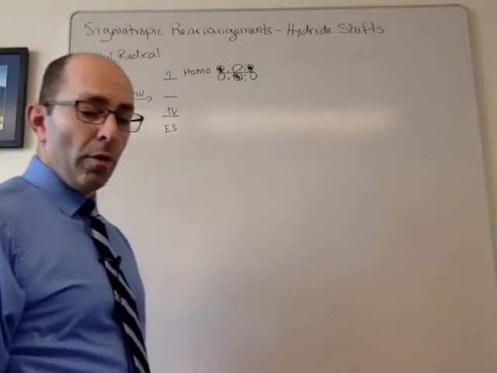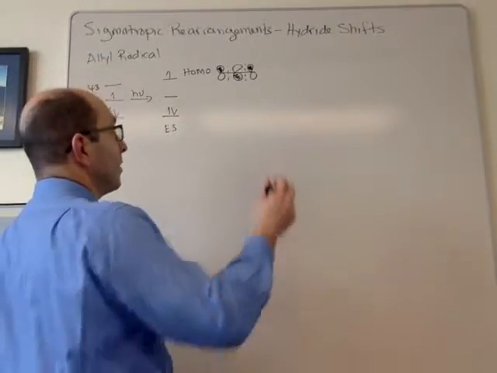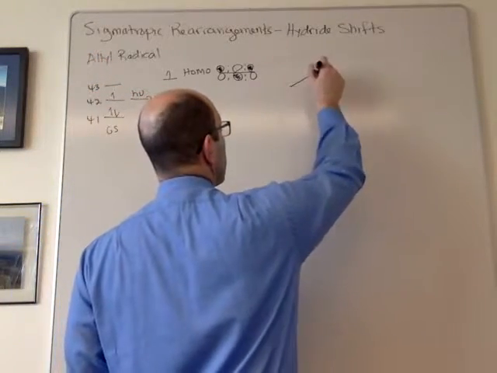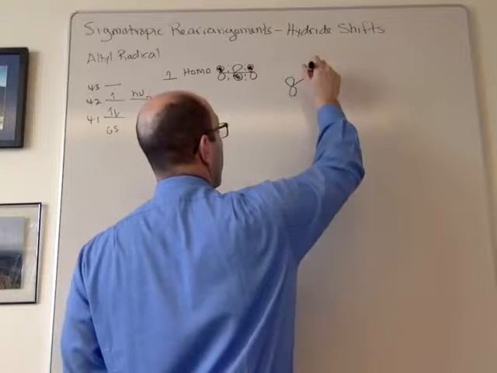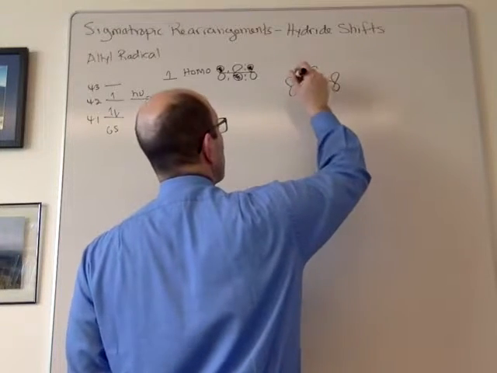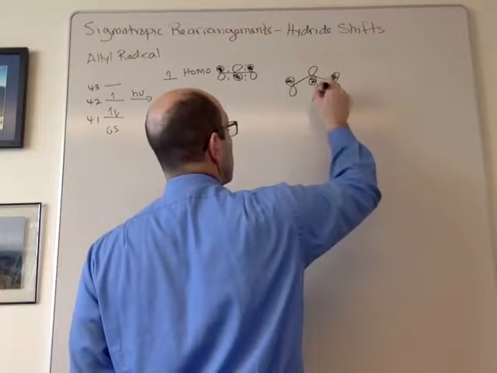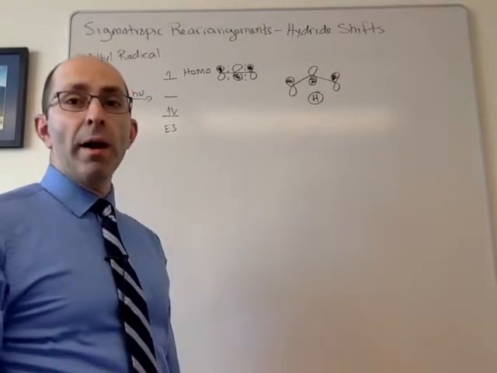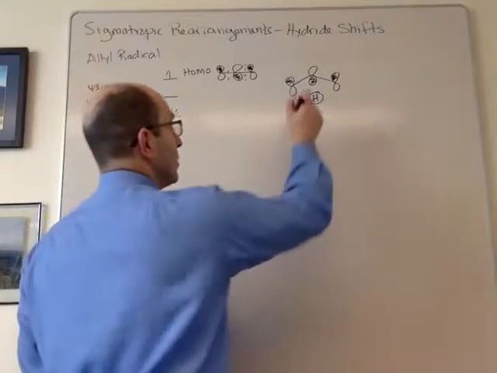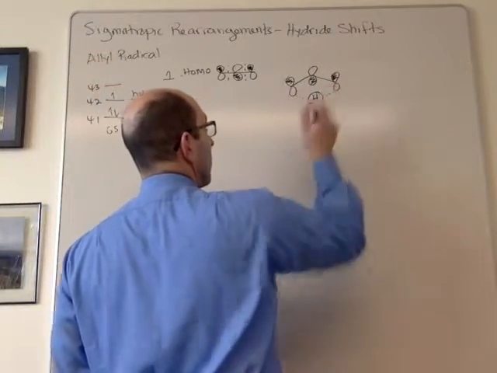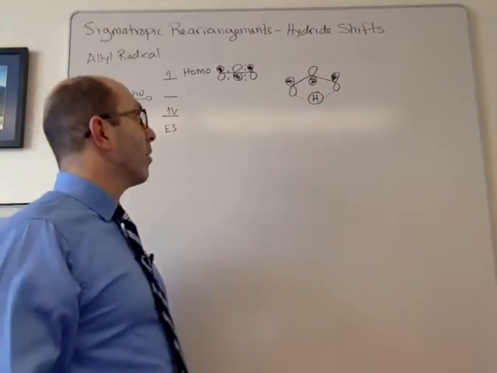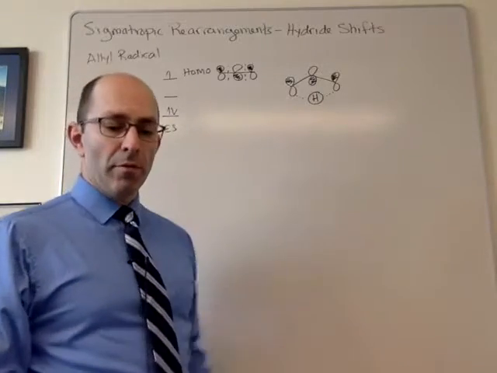And so if we think about what this looks like in terms of a hydrogen atom migrating, we're going to have a situation like this where we have H migrating across that system, and you can see that the hydrogen can migrate from the bottom face to the bottom face, right?